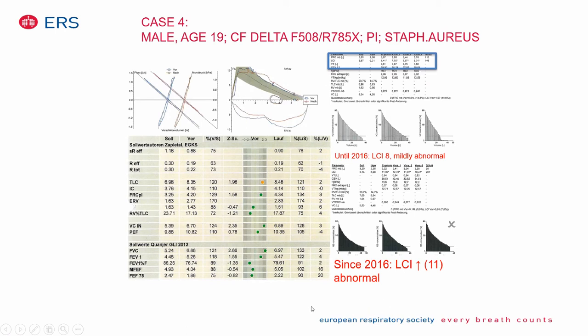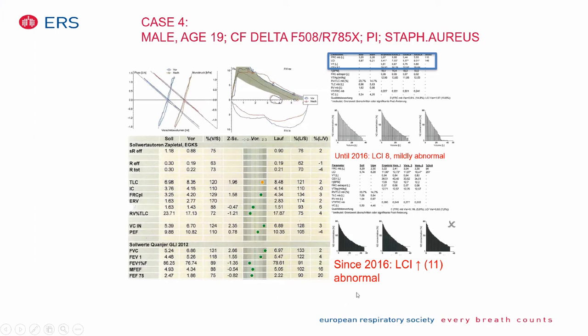So we discussed what was going on. And actually, he was very reluctant to increase his treatment without a more definite diagnosis. He felt well, he wasn't doing his treatment as regularly as you want him to.